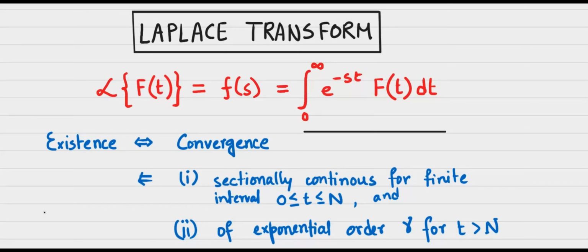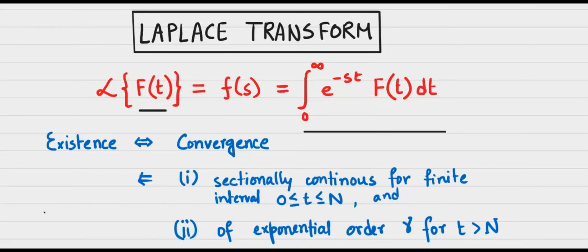So one thing we can say for sure is the set of sufficient conditions for this integral to converge. And there are two conditions. Number one, the function f of t, this capital F of t, whose Laplace transformation we are supposed to take, is at least sectionally continuous, or in other words, piecewise continuous for a finite interval with a limit. So it's from 0 to n. This function is at least piecewise or sectionally continuous.